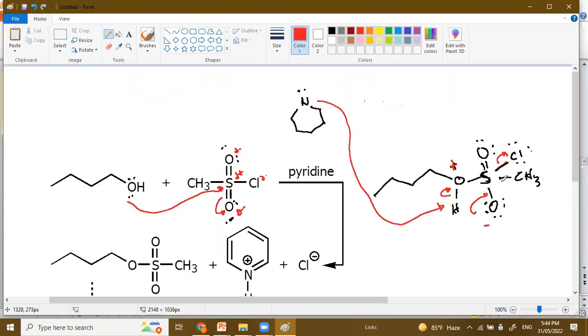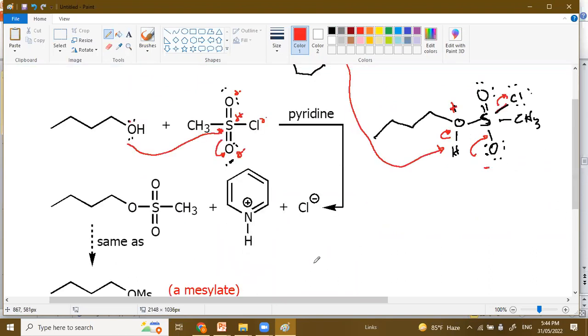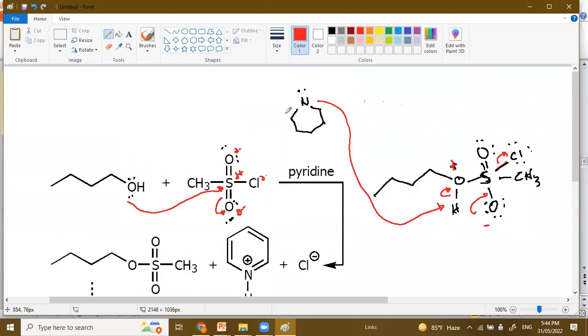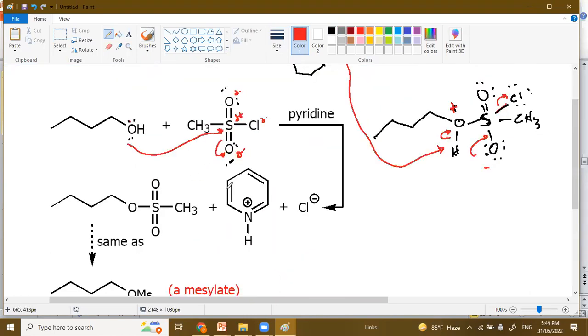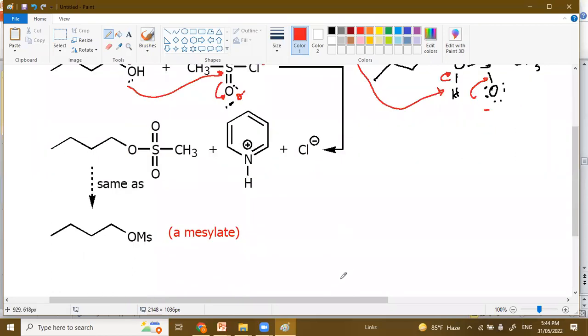When it comes back here, the oxygen becomes S double bond O, and you have your CH3, and the Cl leaves. So you have your Cl here. And then pyridine deprotonates the alcohol, and you will have this one. Okay. And once you have this one, you have your Cl here.